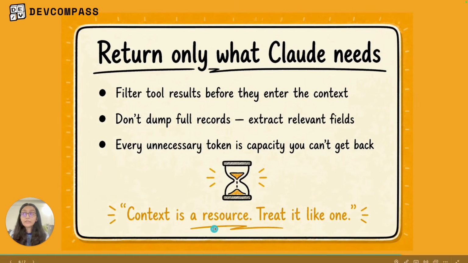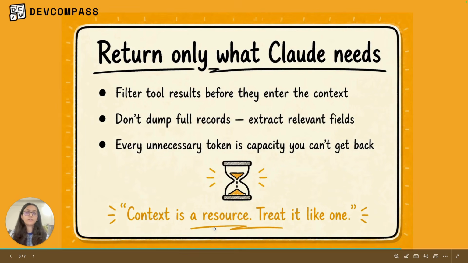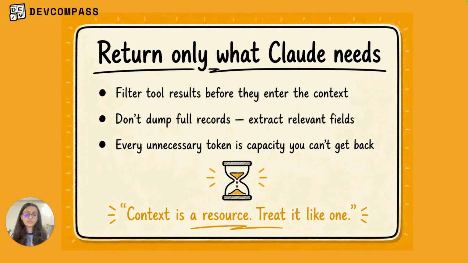Look at the 3 bullet points on the card. First, filter tool results before they enter the context. If your database query returns 50 fields, but Claude only needs 5 of them to answer the user's question, filter it. Write a function that extracts those 5 fields before you append the result to the conversation history. The other 45 fields never enter the context at all.